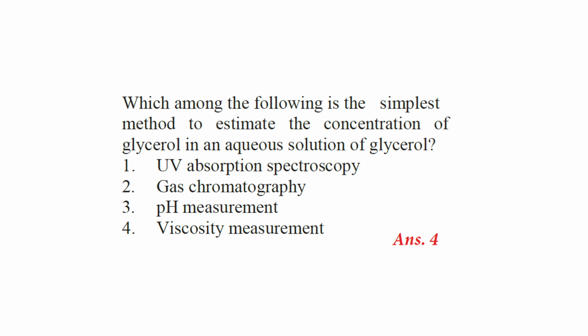In this case the right answer will be option 4, viscosity measurement. It is the simplest method to estimate the concentration of glycerol in an aqueous solution. Normally glycerol is also viscous in nature, so it is quite easy to find this answer.